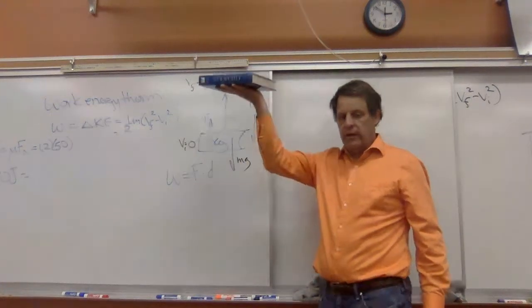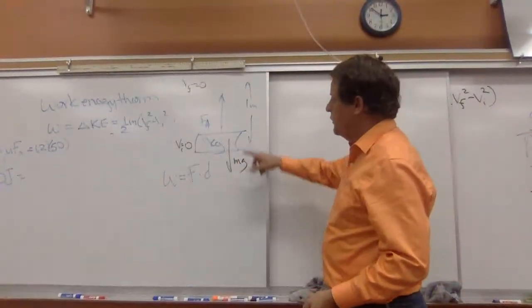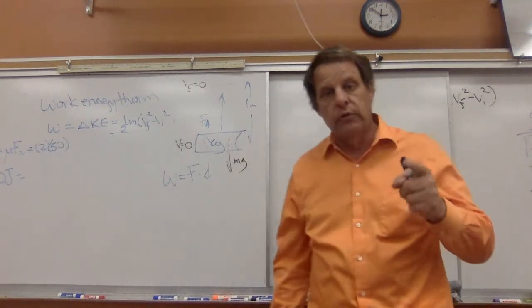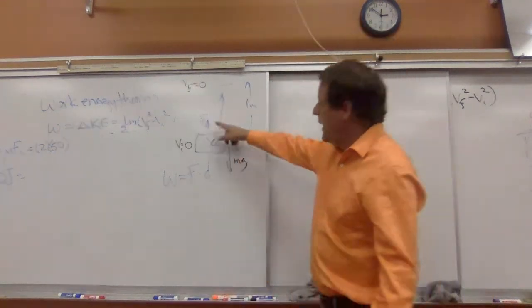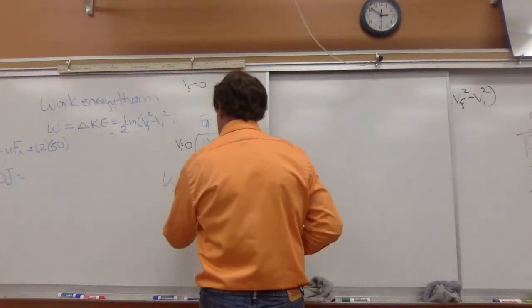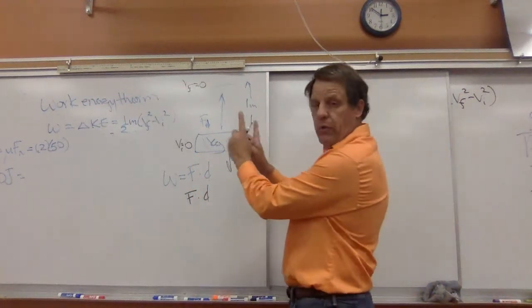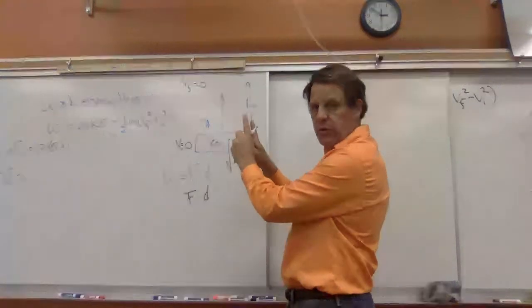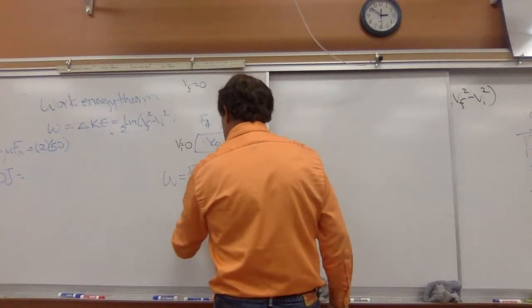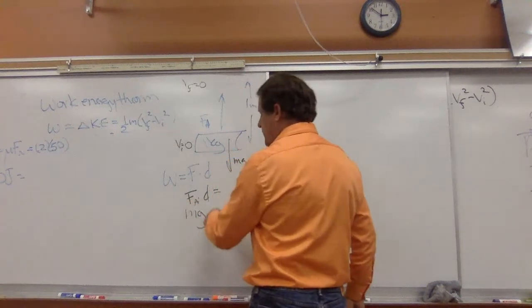So if we're just thinking about moving it up at a constant velocity, this will be the same thing. Okay, so the sum of our forces has to equal 0 if we're moving at a constant velocity. Therefore, Fa is equal to mg, okay? And now we're going to multiply that by our distance, which is 1. They're both going in the same direction, so the angle between them is 0. And so this is going to be mg, our applied force.